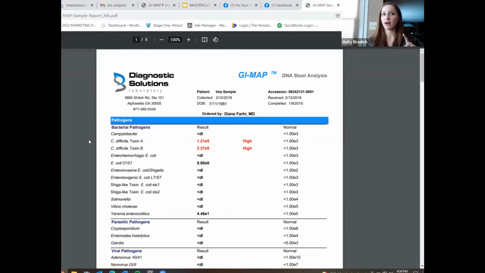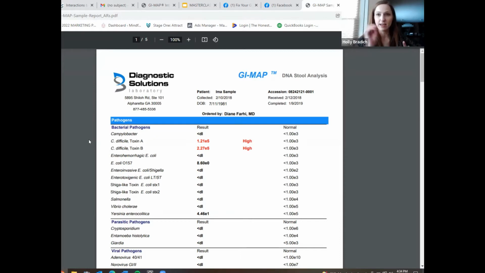Versus sometimes the bacteria are living and alive in your upper gut, for example, but by the time they come out in your stool, they're dead. So they're still in there, obviously, and doing things, but just because they can't be cultured doesn't mean they're not there, right? So this is why I like the GI map, because it is a DNA analysis.